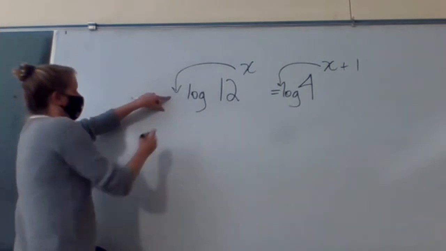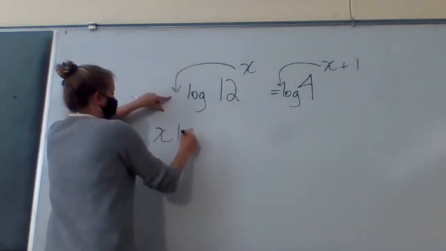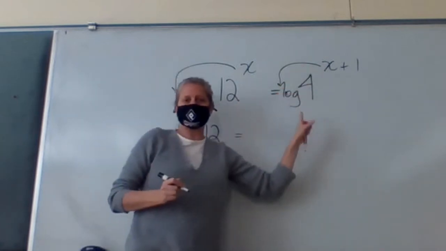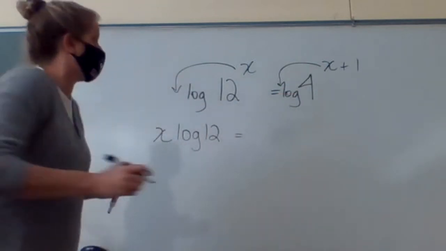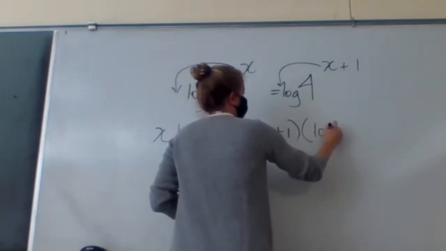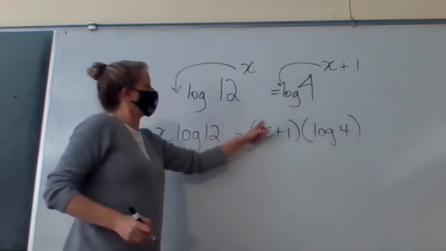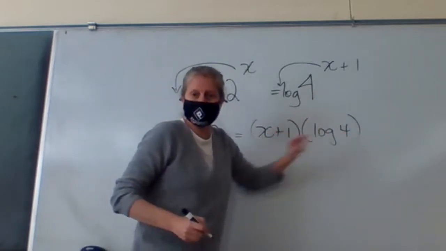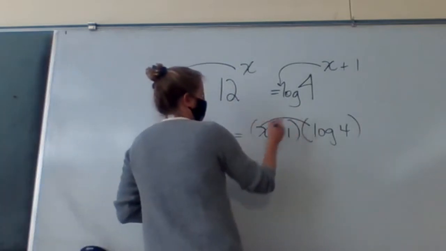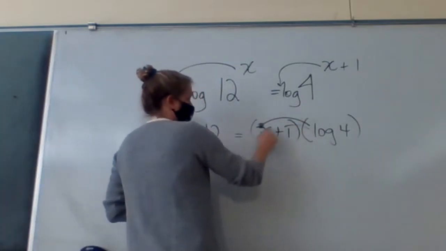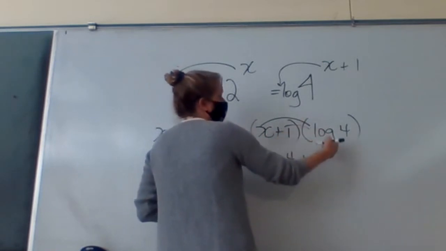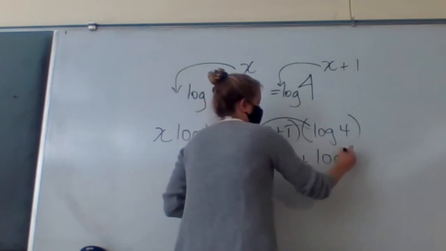So on the left, I have x log 12 equals, here's where we get complicated. On the right, I've got x plus 1 log 4. So this x goes to this, and so does the 1. So let's rewrite it like this. So this right here, I have x log 4 plus 1 log 4, or just log 4.